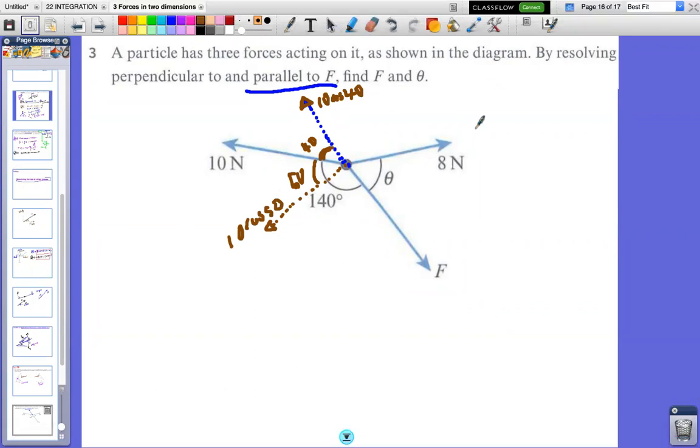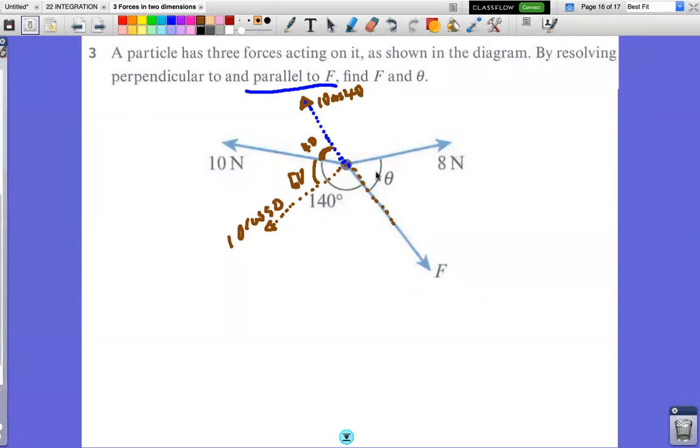And the 8 Newton force, you can also resolve it parallel to F. Let me use a different color for that. You resolve the 8 Newton force parallel to F, you will have 8 cos theta.